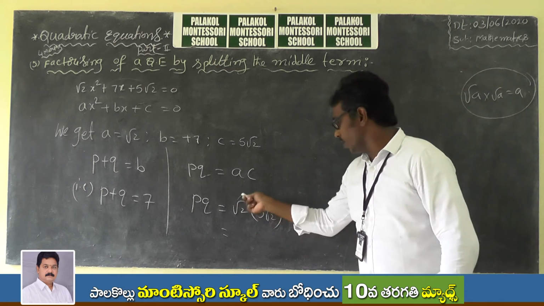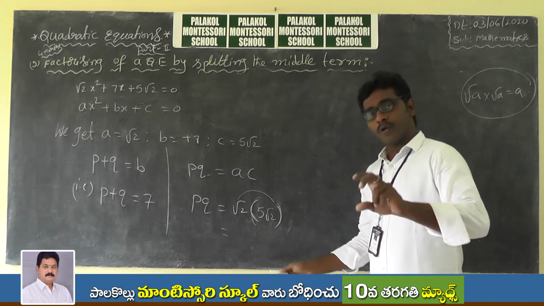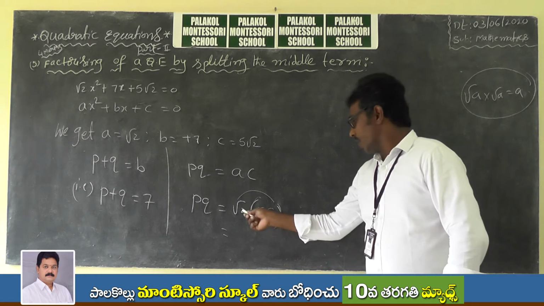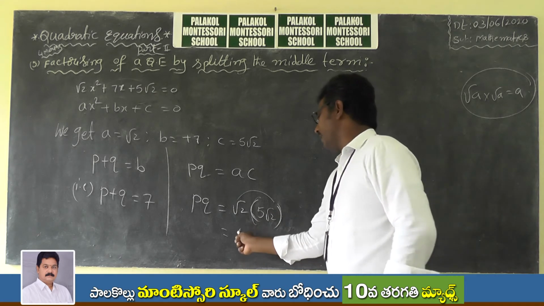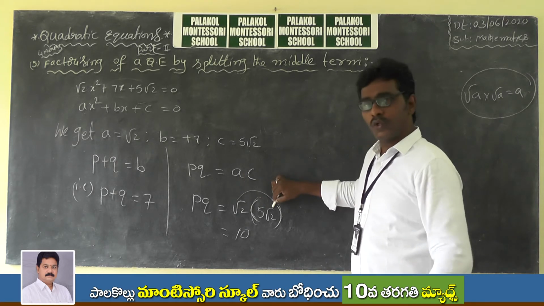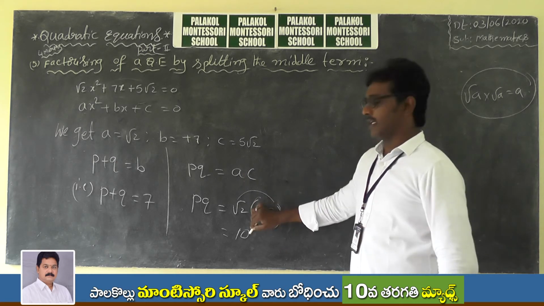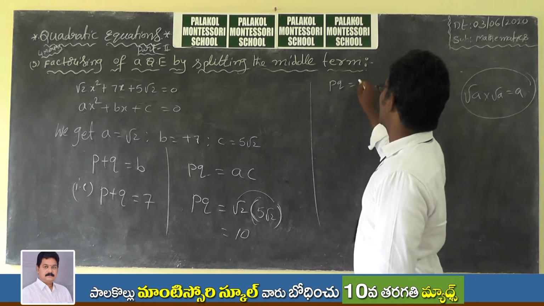So root 2 into root 2 is 2, and 5 twos are 10. Root 2 into root 2 is 2, 2 fives are 10. Guys, here the product of pq is equal to 10.